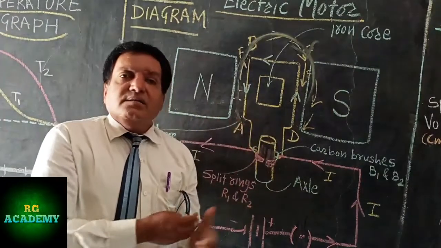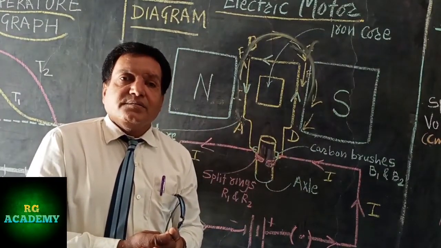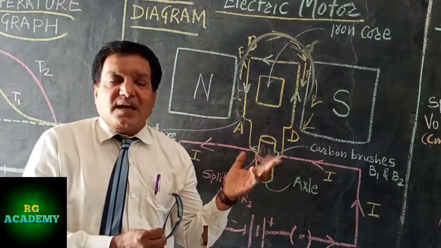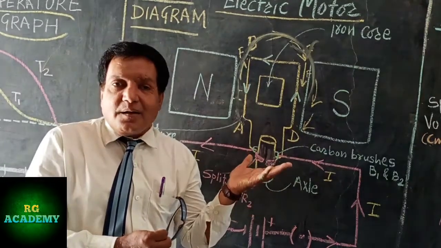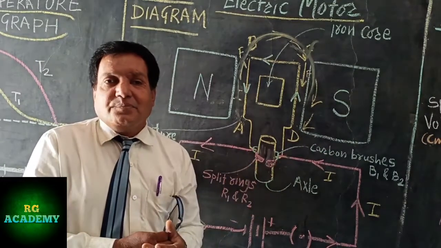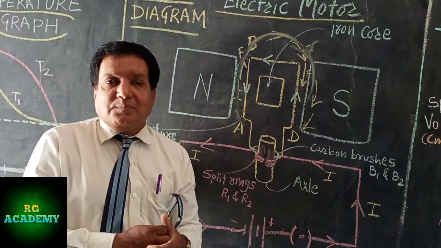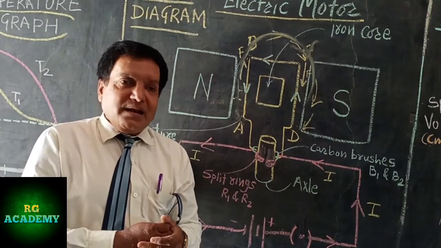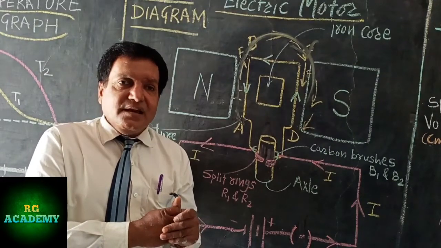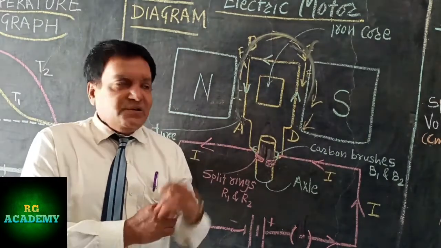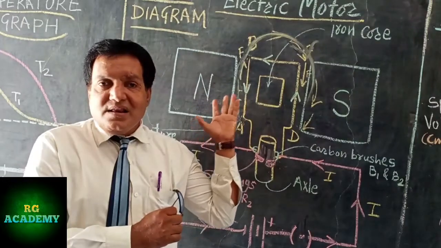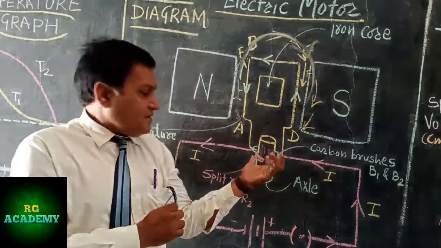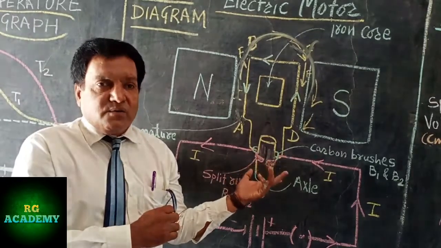Why will that coil continue rotating? You can recall the topics you studied in 9th standard: inertia, the property by which an object resists a change in its state. So due to inertia, the coil will rotate even if the contact between the brushes and the commutator split rings is broken.